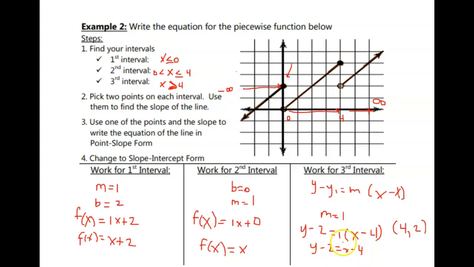I can put this in mx plus b form by just moving the 2 over, so I'll add 2 to both sides. And I'm going to write this in function notation, so I'm going to change that y to f of x. And I'll say that f of x equals x minus 2.